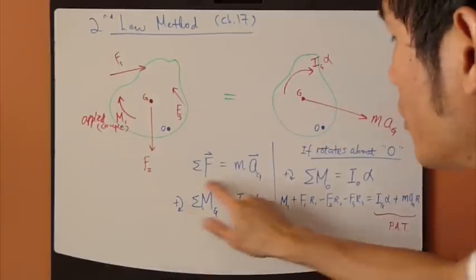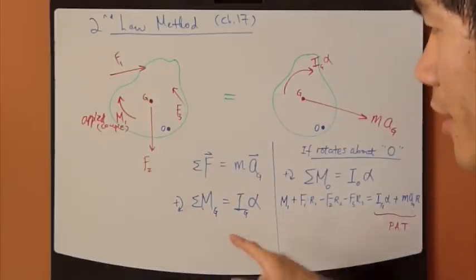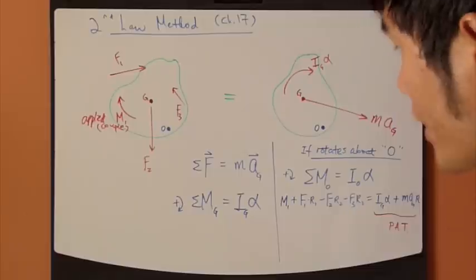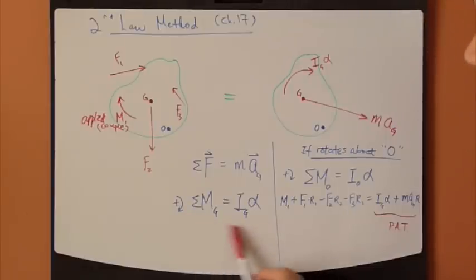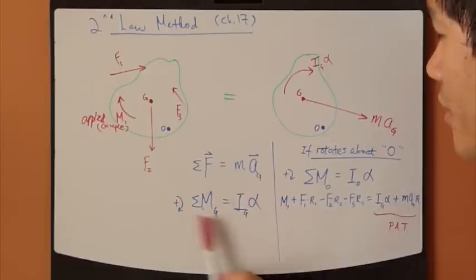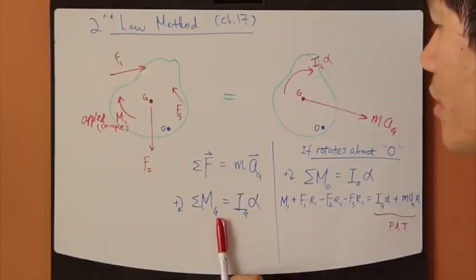Now, this part right here, the second equation, is something we need to pay attention to. This says sum of all the moments about some point. In this case, I'm going to say it's the moment about point G, just for simplicity.